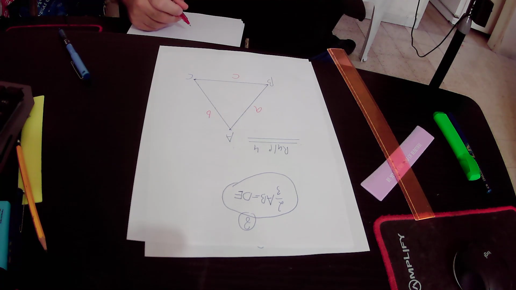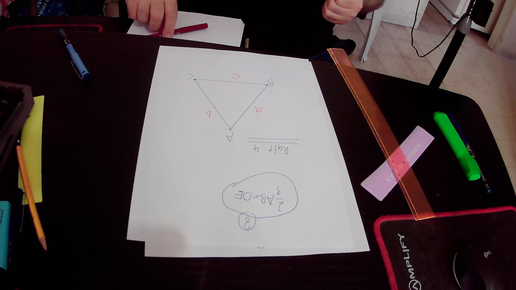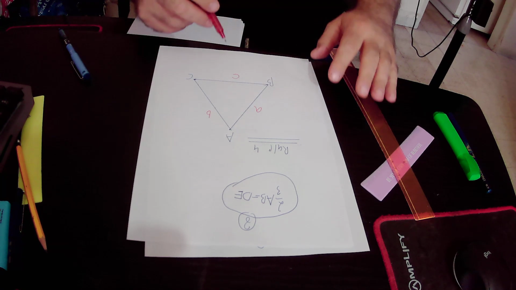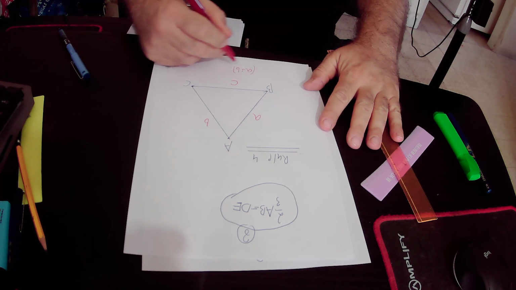Then the rule states that the sum of the lengths of two sides of any triangle will always be greater than the length of the third side. That is to say, A plus B will be greater than C.